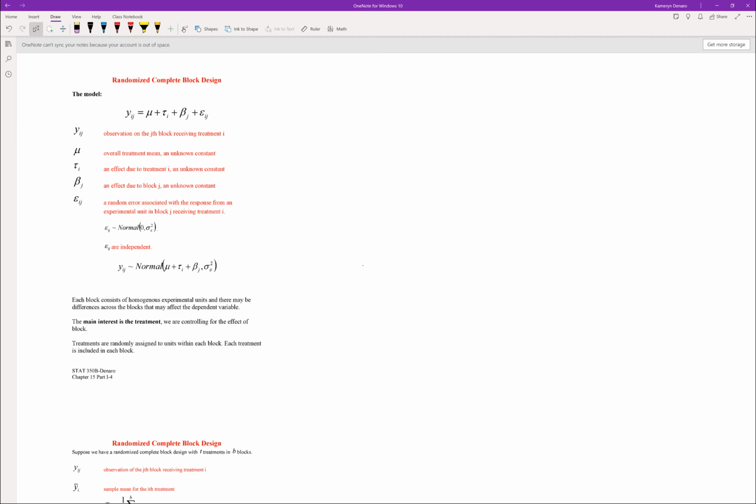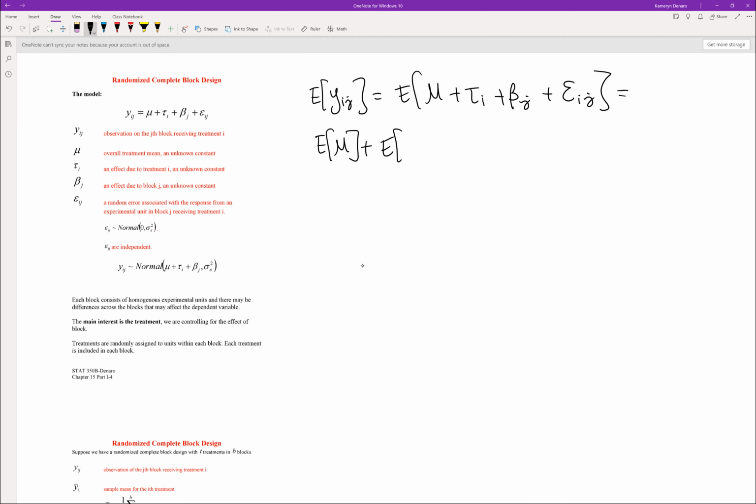So if we wanted to check this, we know that the expected value of yij should equal the expected value of mu plus tau i plus beta j plus epsilon ij. Since this is a linear combination, we can get the expected value of mu plus the expected value of tau i plus the expected value of beta j plus the expected value of epsilon ij.